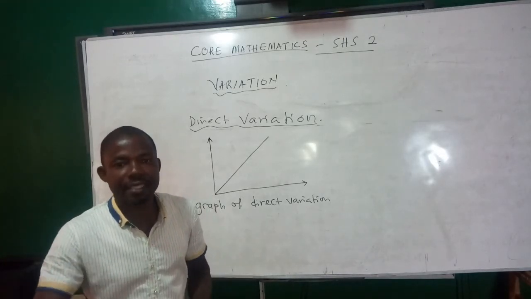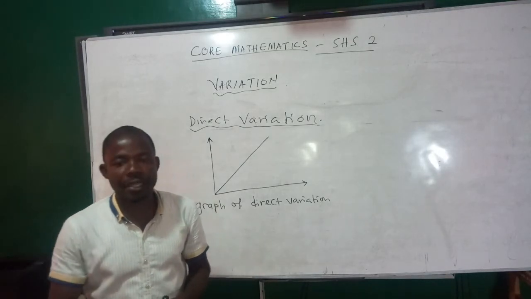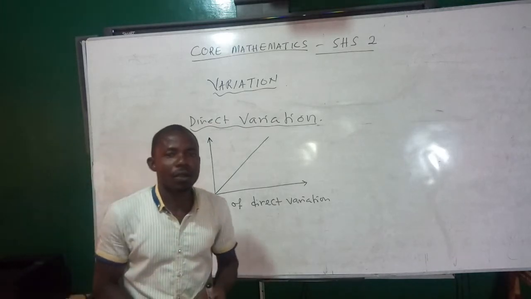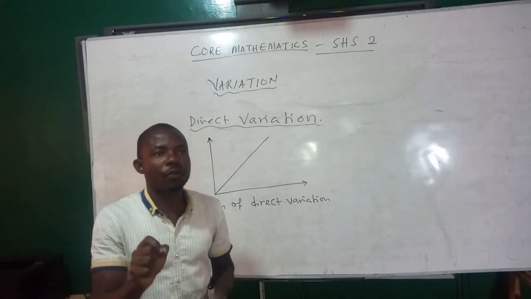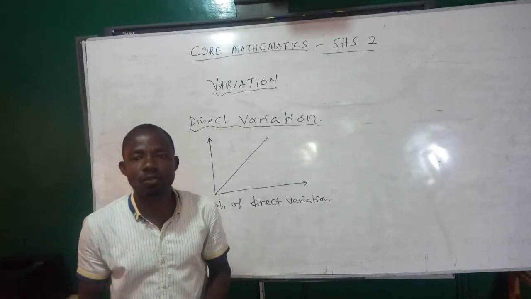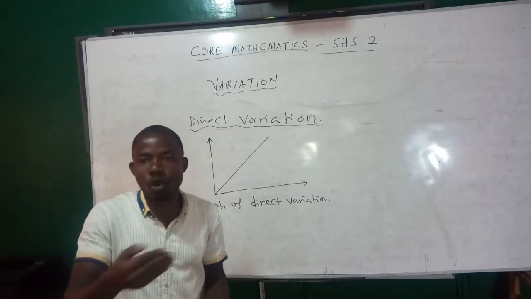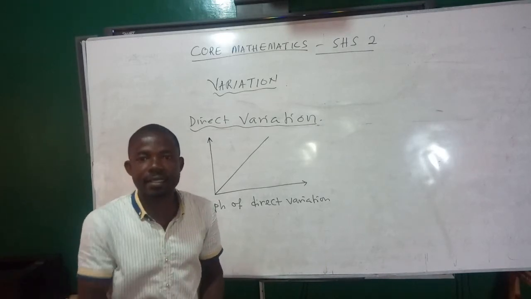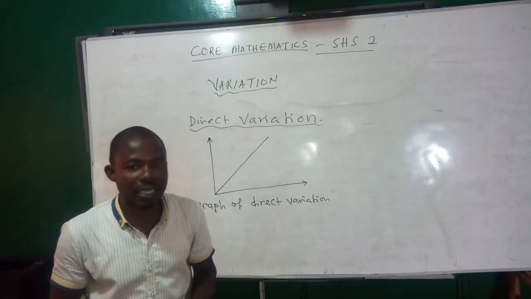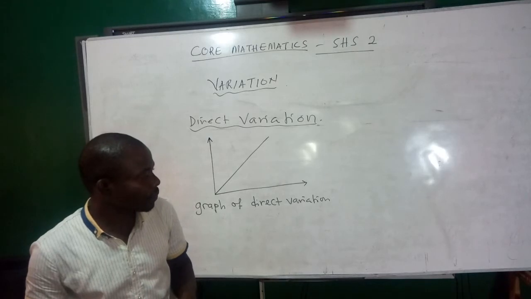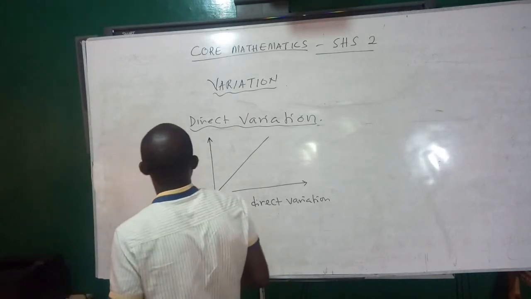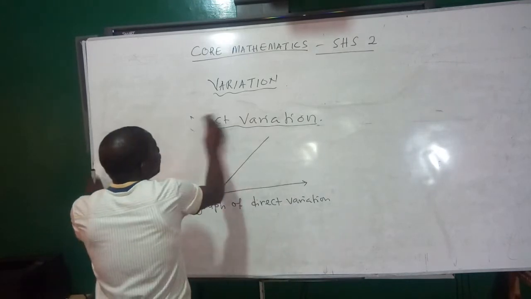This is direct variation or direct proportion. When the cost of petroleum is reduced drastically, you know that items in the market will also be reduced. That is also an example of the direct variation or the direct proportion. Let's consider the table I have here.